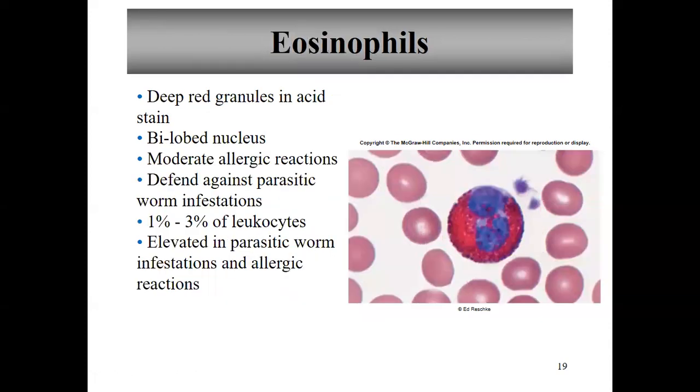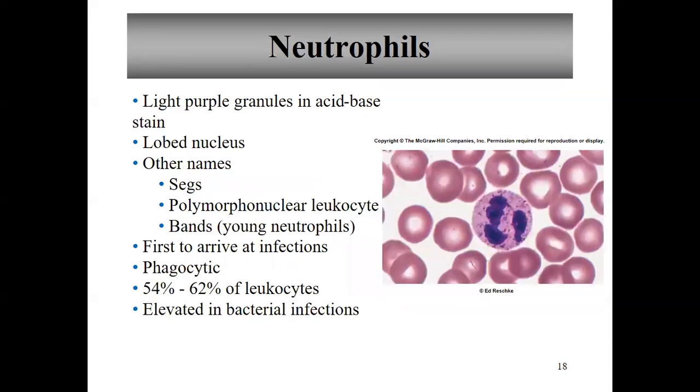The next type of white blood cell that we look at, the other type of granulocyte, is going to be your eosinophil. So let me go back. Remember, these are granulocytes. So those little spots look like little grains, right? And this is part of what makes it a granulocyte, those grains.